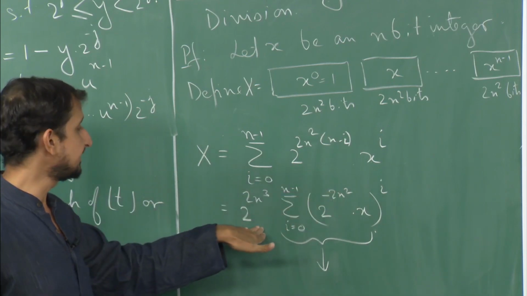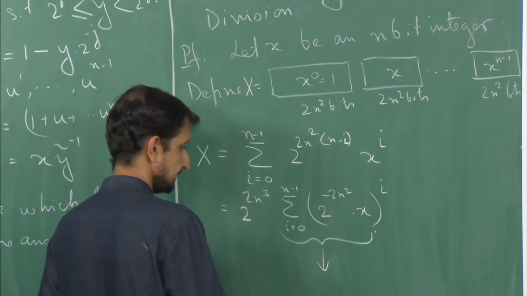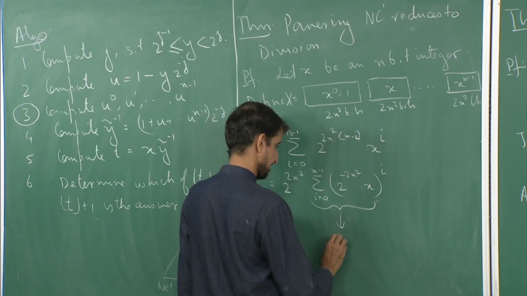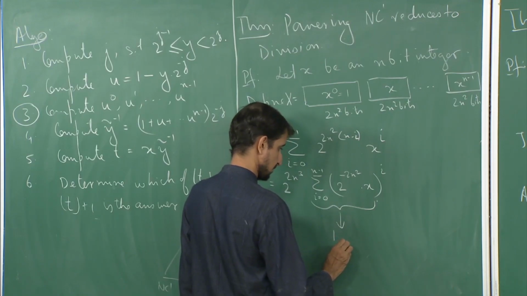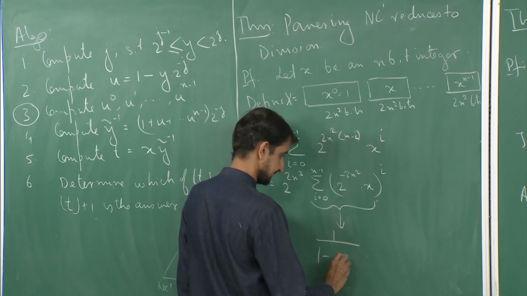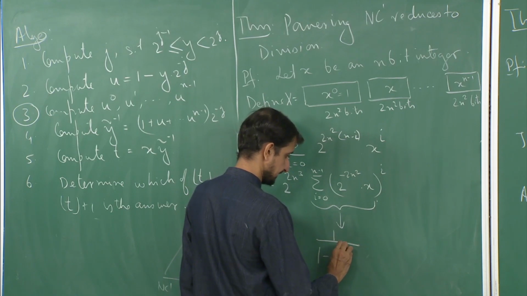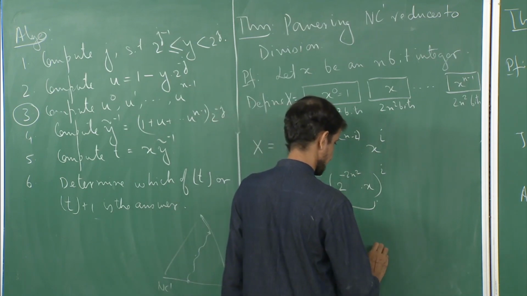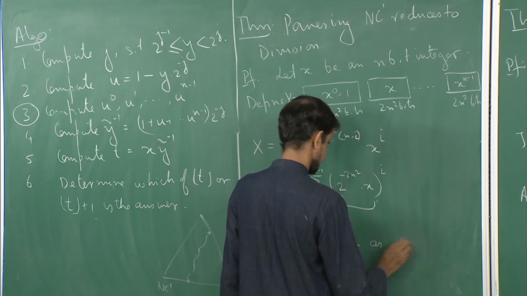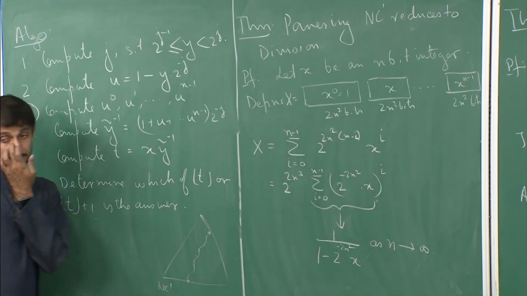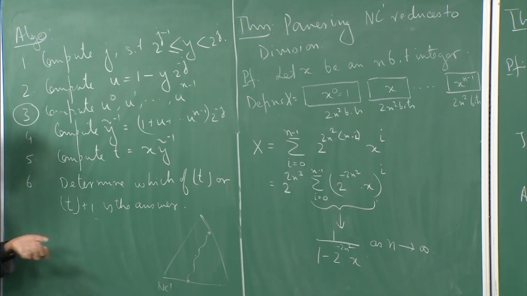As n tends to infinity, this is a geometric series. So this will go to 1 over 1 minus 2 to the power minus 2n square into x, as n tends to infinity.